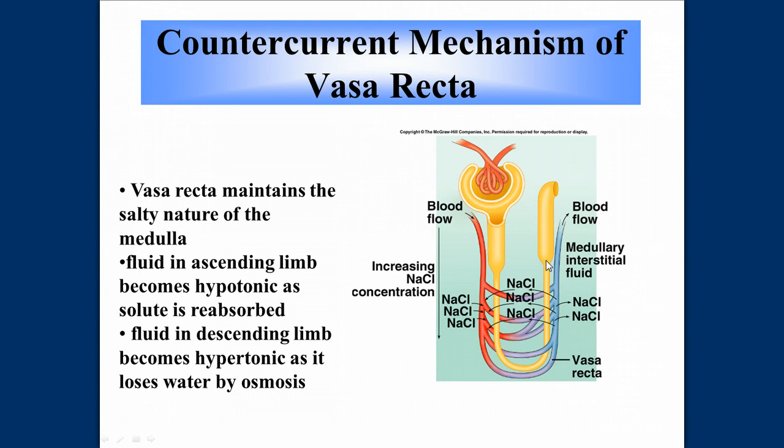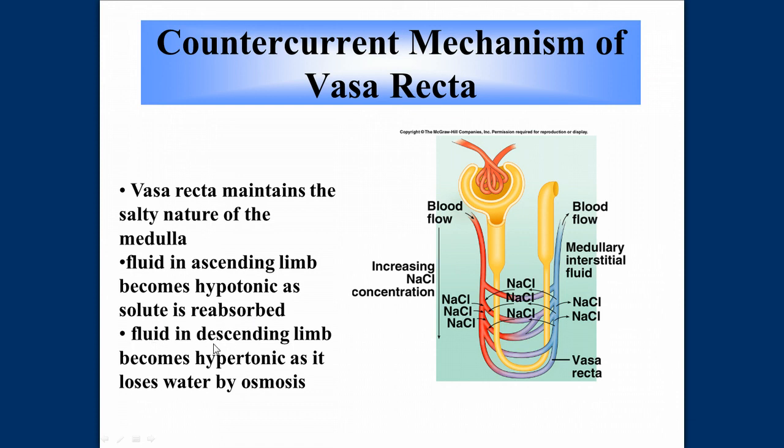The fluid in the ascending limb, since it is losing the sodium chloride, it is losing ions, it is losing that solute, is called hypotonic. Less hypo, less tonic. It's going to have less solute as the solute is reabsorbed.